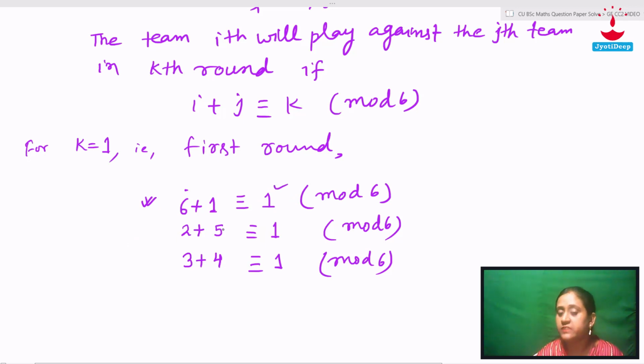The second team will play with the fifth team, and the third team will play with the fourth team in the first round. This is the schedule for the first round. We will make the chart after completing all the rounds.